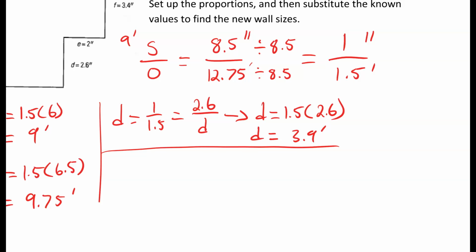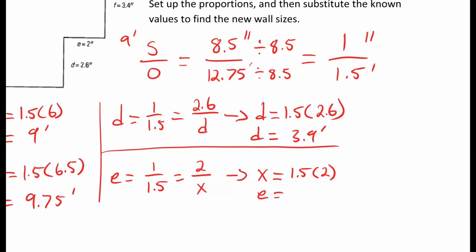Now we have E left to calculate for, so we have E, and it's the same ratio of 1 over 1.5, equals, E is 2 inches over X. Do our cross multiplication, we get X equals 1.5 multiplied by 2. So our E equals 1.5 times 2, which is 3 feet.